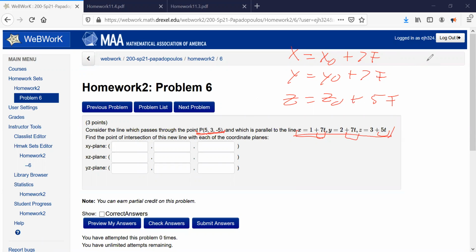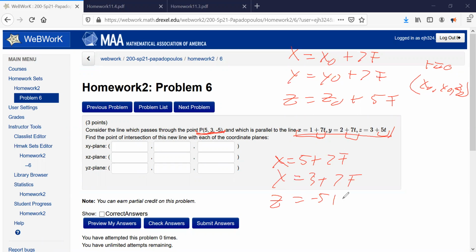What happens when I set t equal to 0? Then the point on this line is just going to be x naught, y naught, z naught. So I can guarantee that this goes through that point if I just pick these values to be my x naught, y naught, and z naught. So I get x is equal to 5 plus 7t. Y is equal to 3 plus 7t. And z is going to be equal to -5 plus 5t.